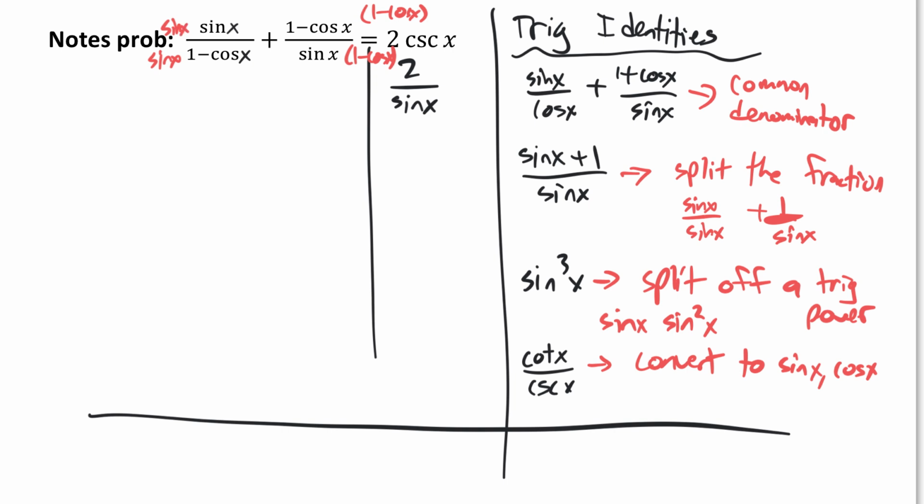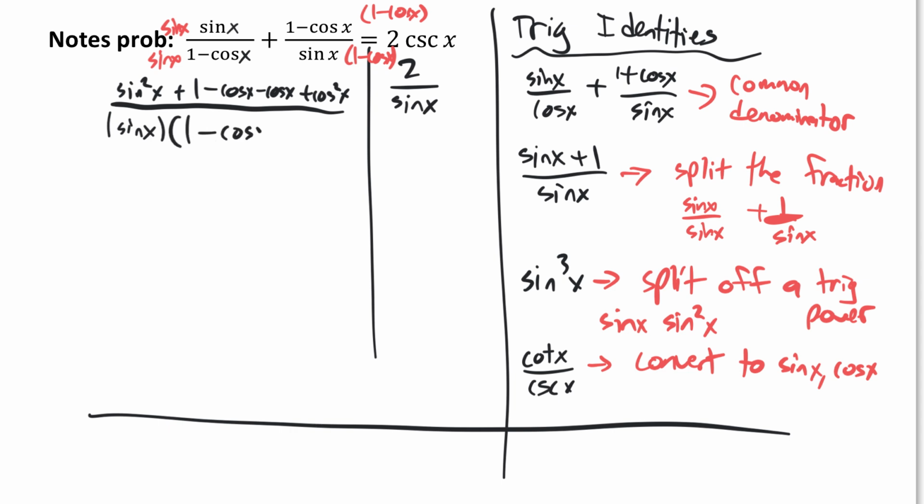So that'll give us sine squared x. Ooh, that's a lot of FOIL on that right side. I guess that'll be 1 minus cos x plus cos squared x all over sine x times 1 minus cos x.